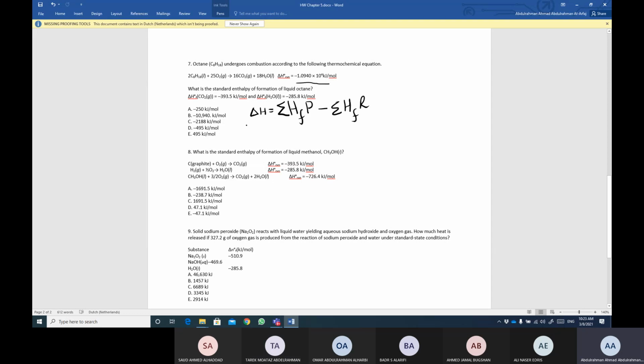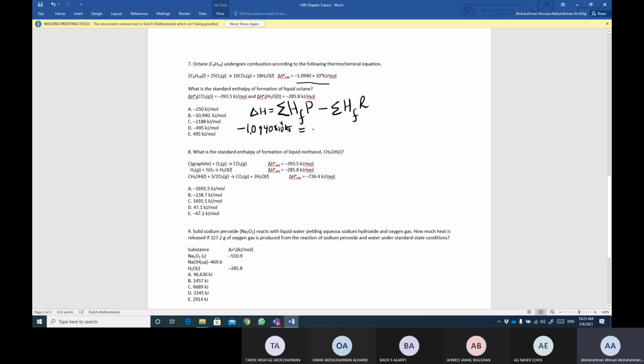We know that this one is minus 1.0940 times 10 to the power 4 kilojoule per mole.